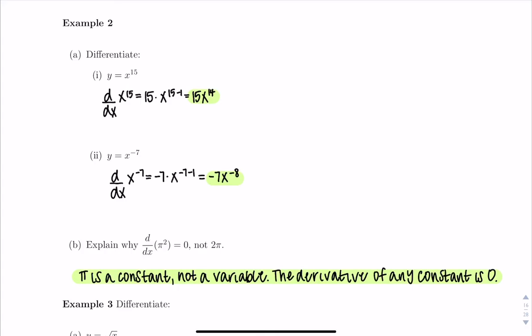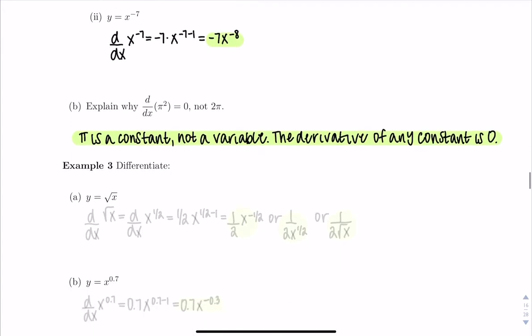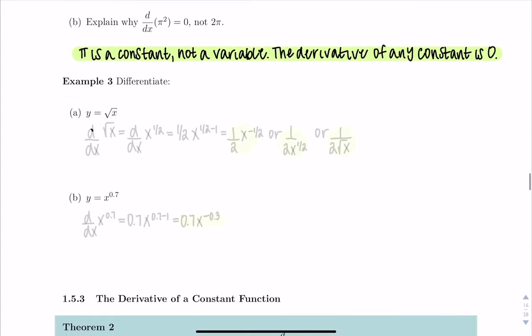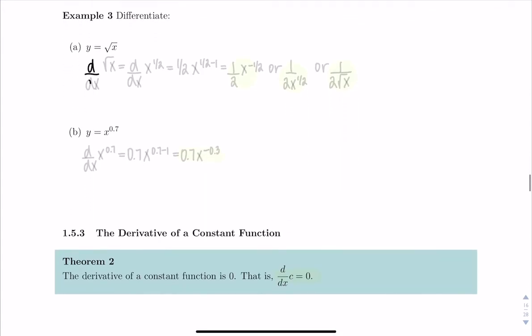Let's try one that's a little bit more tricky. y equals the square root of x. So that's the derivative with respect to x of the square root of x. But we can rewrite this using the power of 1/2. And so this works the same way. We pull that 1/2 out front, and then we subtract by 1.